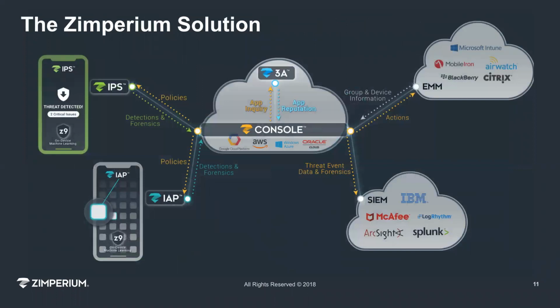So how does it really work? Since we are really tailored for the enterprise, you've got to get the technology on the endpoints. You can deploy the management console on any cloud: AWS, Azure, Oracle, Google. You can then connect that to any number of MDMs or UEM packages that you may have, to make the management easy.